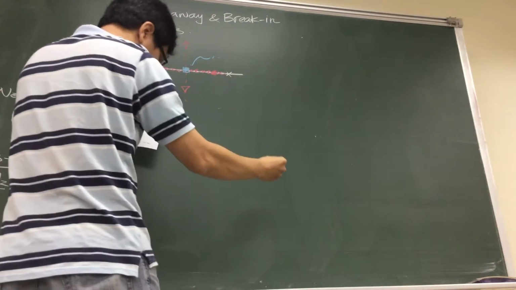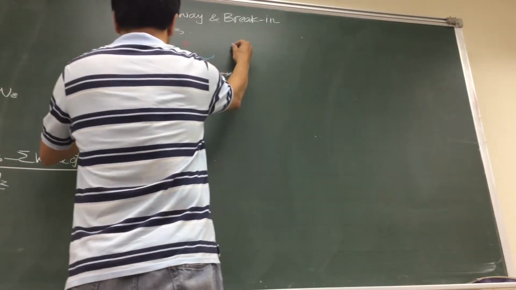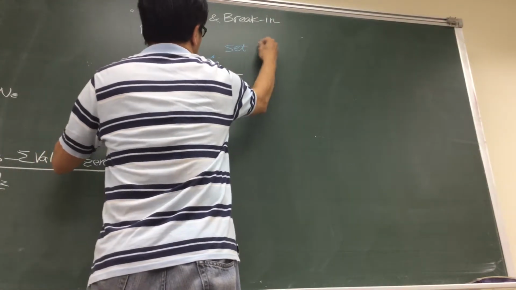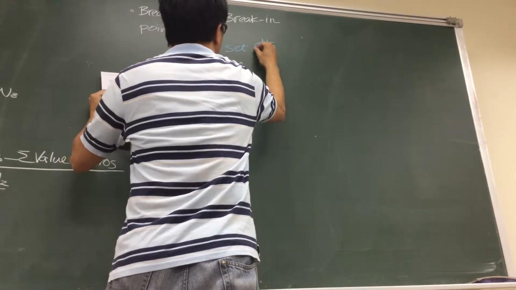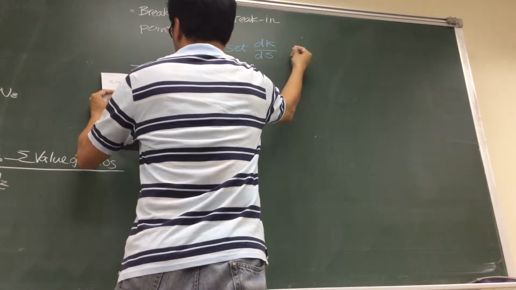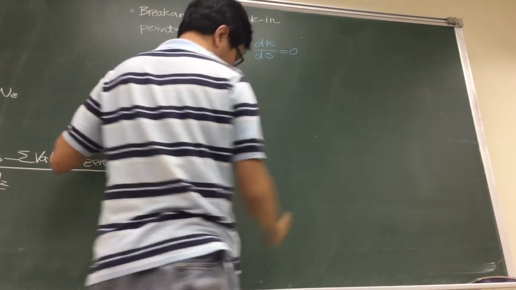For this one over here, we're going to set dK over dS equal to 0.